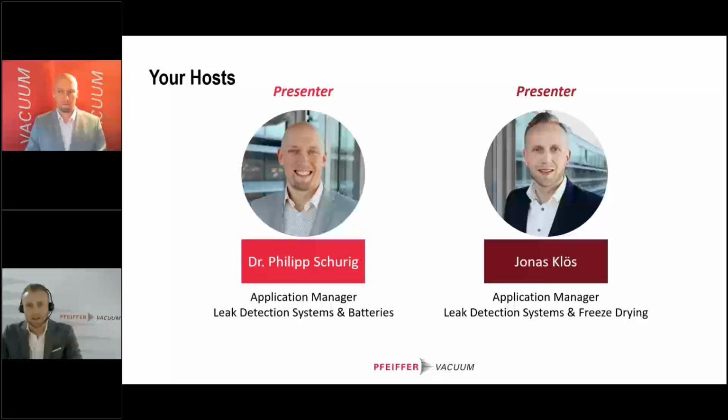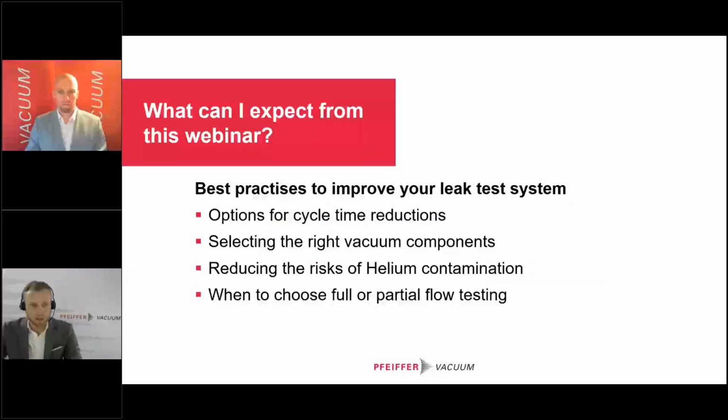And now let's take a look at what you can expect to learn from today's webinar. Today, we will speak about best practices to improve your leak test system. So we will take a look at different options to reduce cycle times.